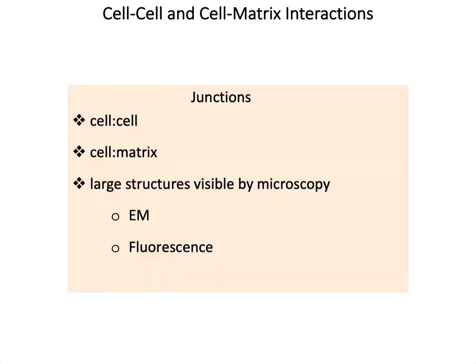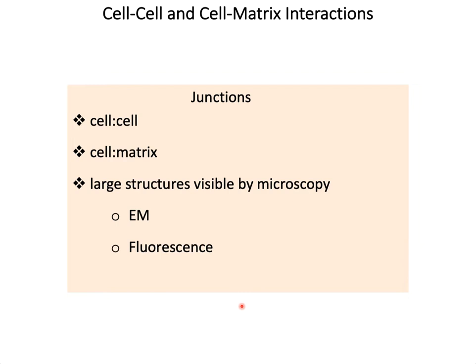The way in which cells interact with each other and the matrix is through structures known as junctions. These are a large collection of proteins with very large structures that are visible by microscopy.